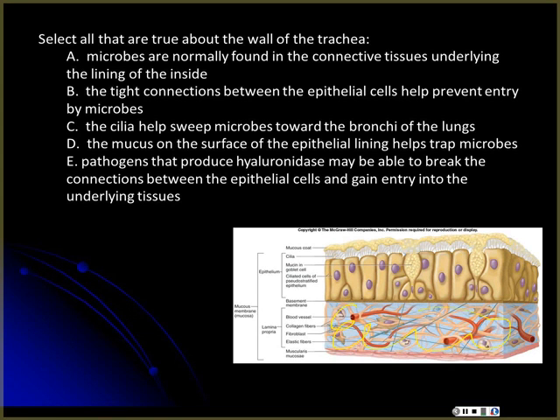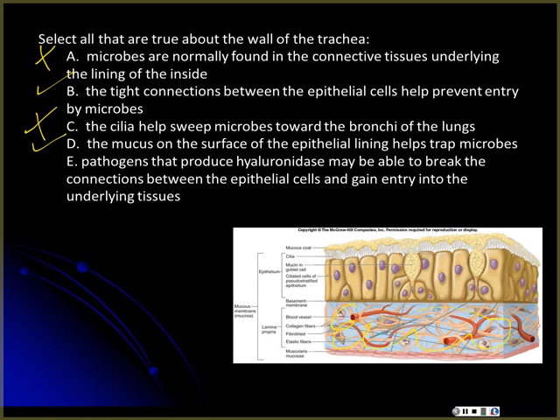No, you would not normally expect microbes there. The tight connections between the epithelial cells help prevent entry. Yeah, that one's true. The cilia help sweep microbes toward the bronchi of the lungs. No, other way, up and out. The mucus on the surface of the epithelial lining helps trap microbes.